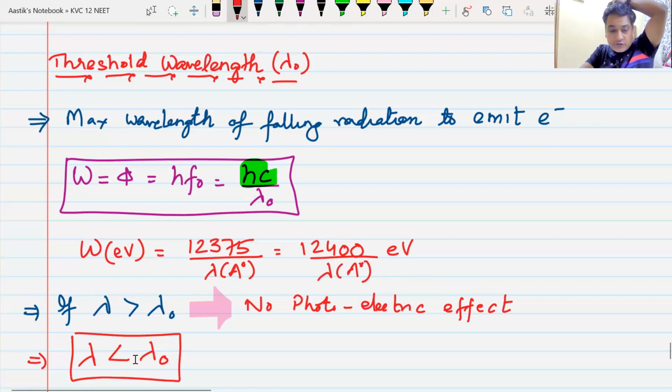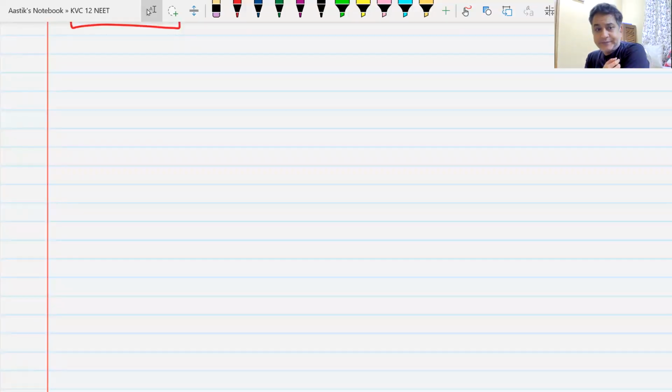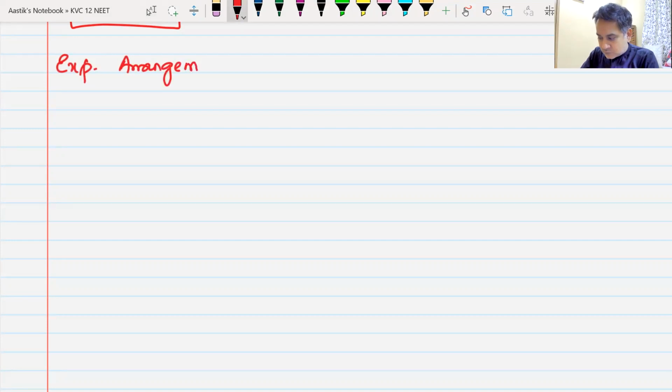Now what we've got to do is study this photoelectric effect. So we have this heading, which is known as experimental arrangement for studying PE. You understand the meaning of PE? Photoelectric effect.